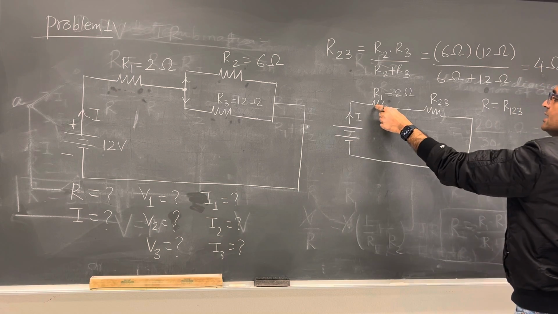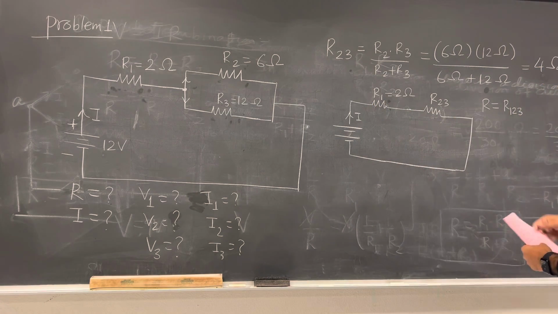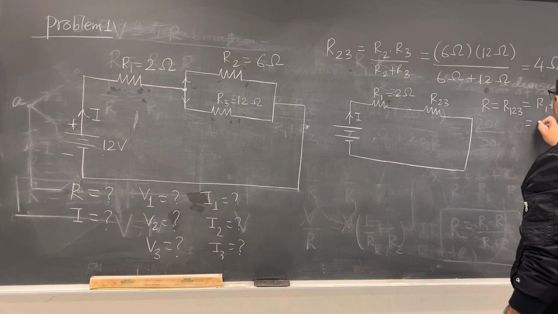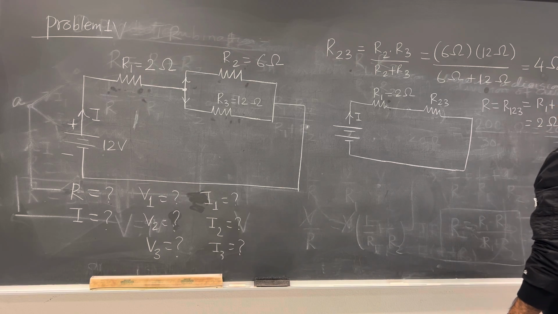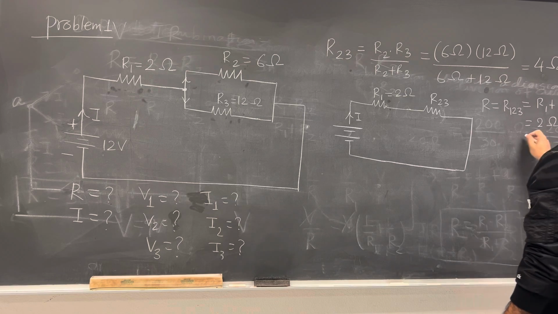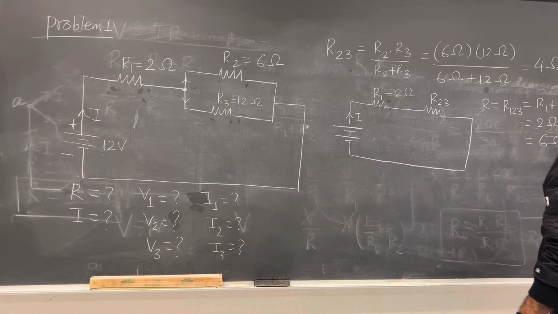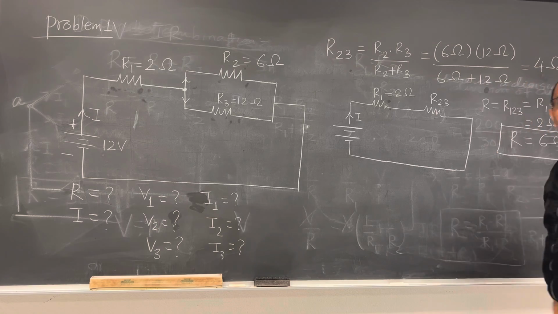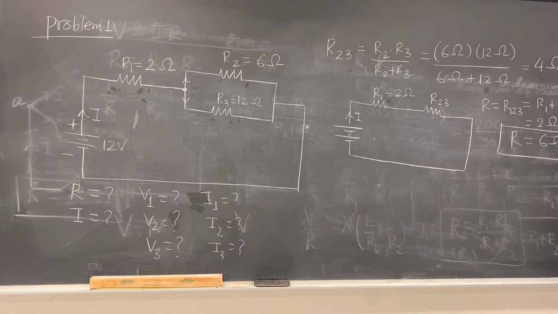We have to add this and this, so I represent it by R123, and this is equal to R1 plus R23. So this is simply R1 is 2 ohm plus R23 is 4 ohm. So this is equal to 6 ohm. Therefore, the total resistance in the circuit is 6 ohm.